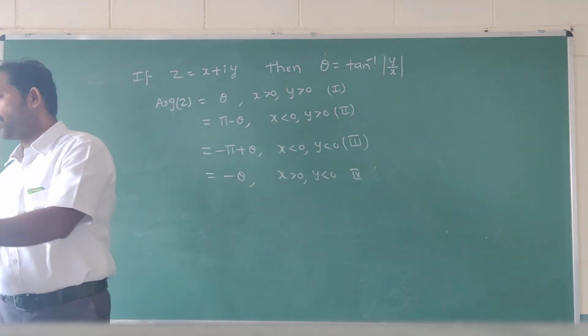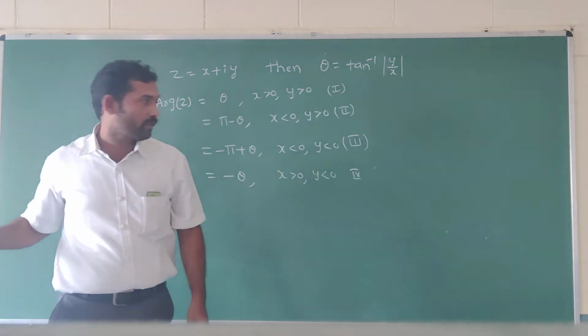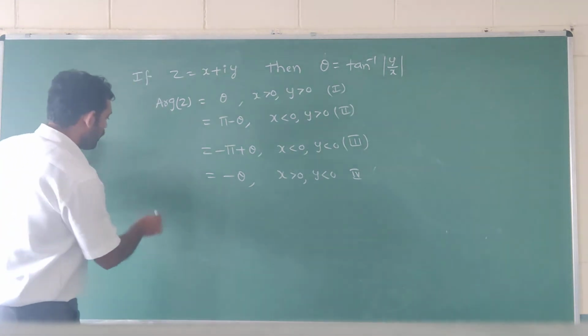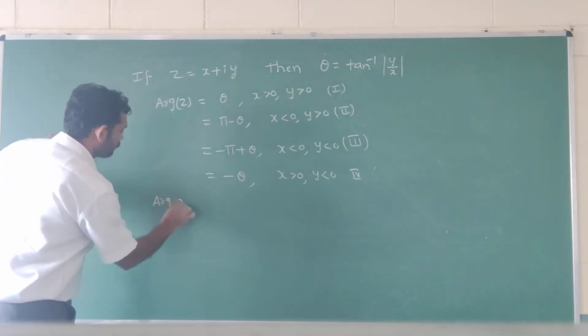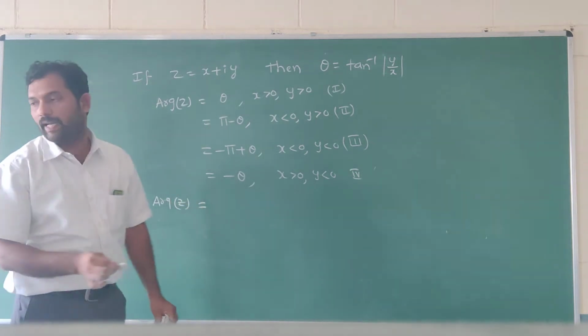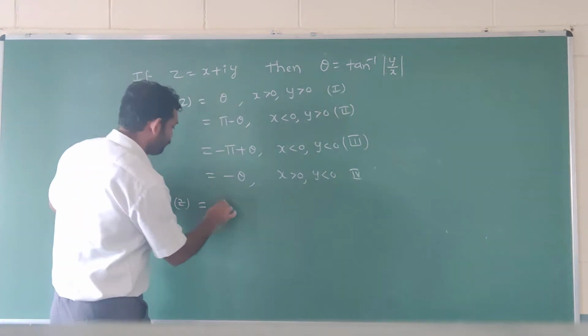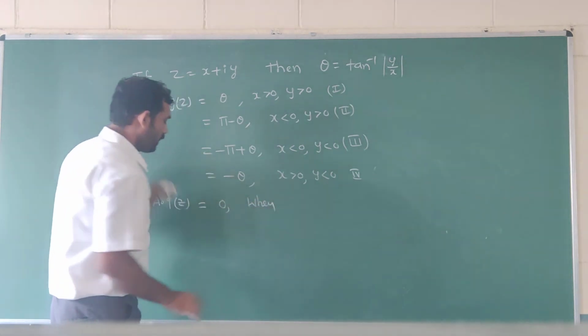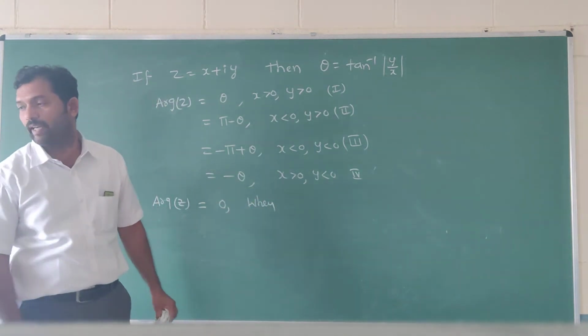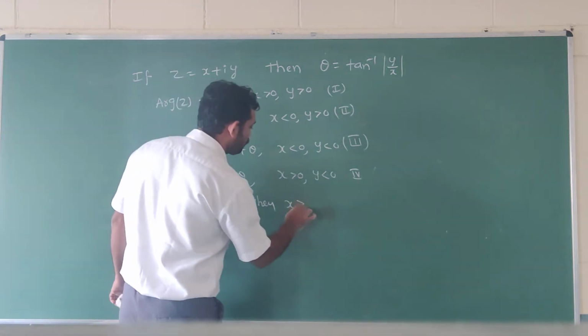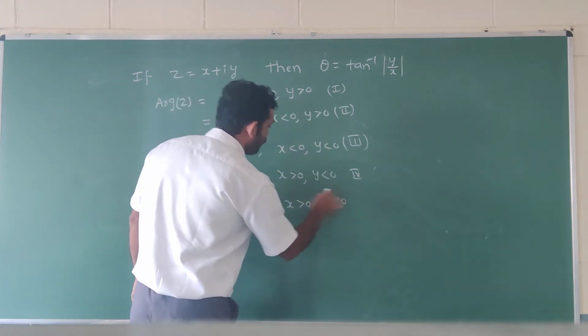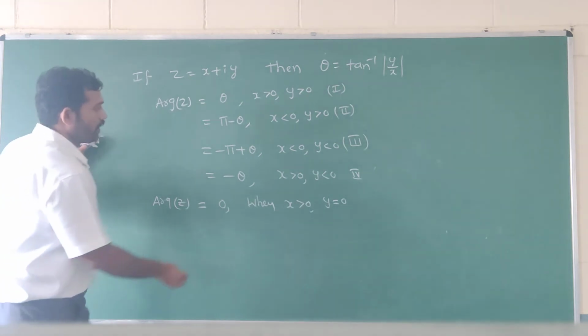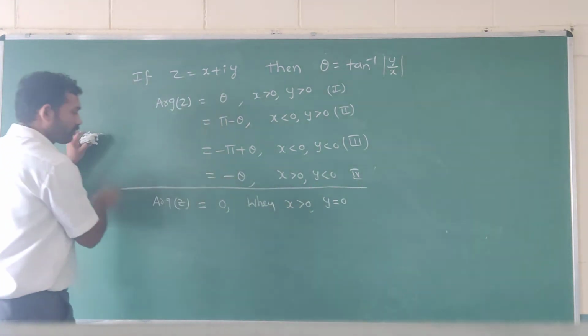Next, a similar point. Argument of z is equal to 0 when x greater than 0, y equal to 0.